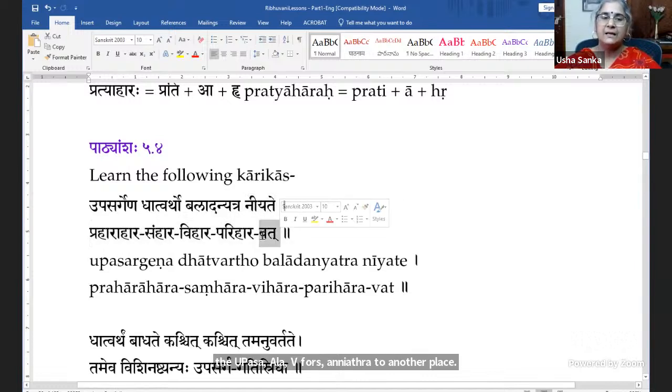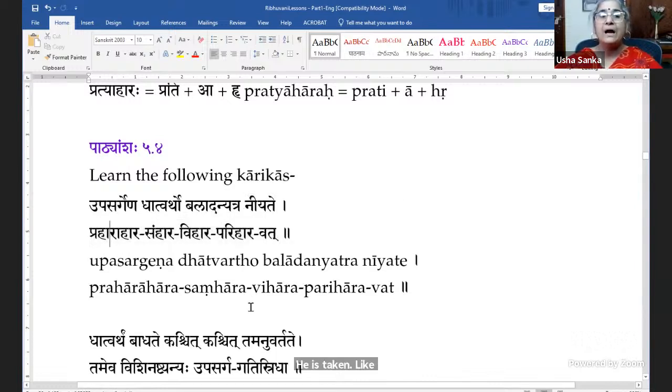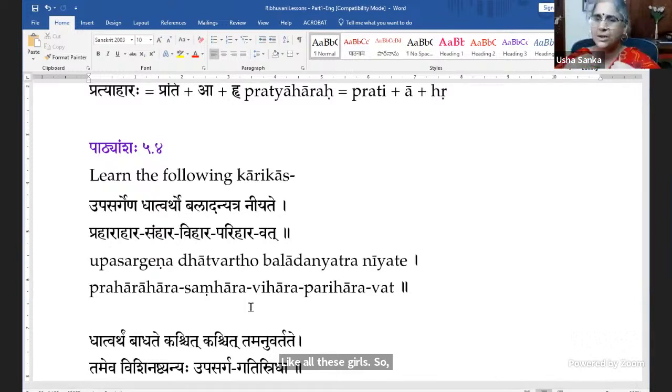What is like all these words? So hara means something you wear. This is also a hara, a gold chain, something that you wear. Hara. Prahara means attacking, like taking a weapon and attacking somebody very seriously. It can be a deathful strike. Okay, prahara. Then ahara is something we eat. Ahara.